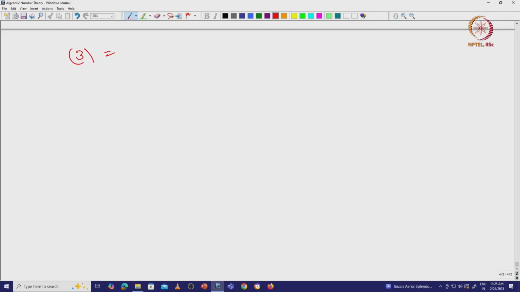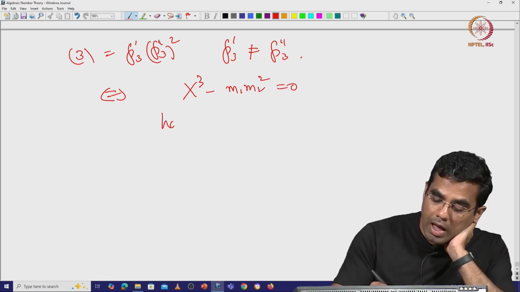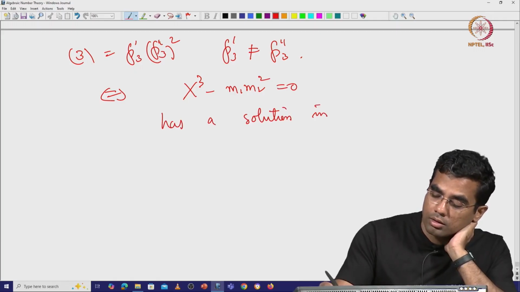So, 3 is P3' P3''squared, and of course, here I am assuming that P3' is not equal to P3'', if and only if x cubed minus m1 m2 squared equal to 0 has a solution in Q3.